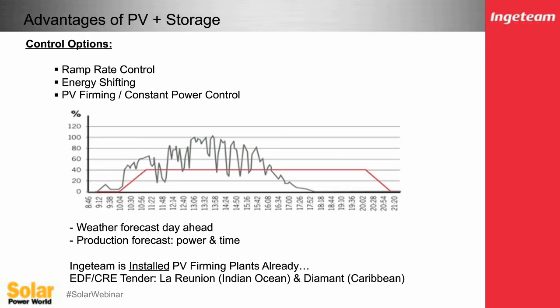You have constant power output, irrespective of what types of irradiation losses, because you've introduced a storage system to take that into account. We have installed two of these systems, one in the Indian Ocean and one in the Caribbean.